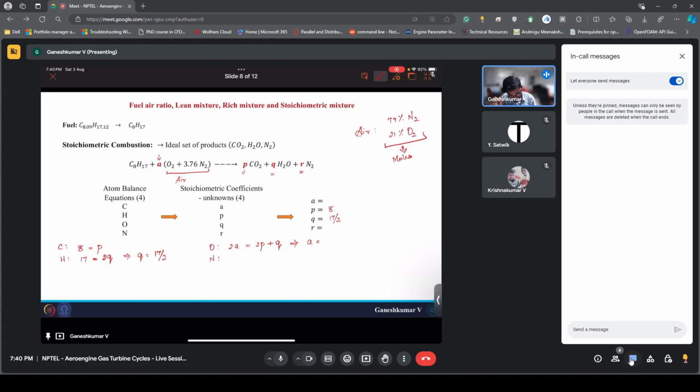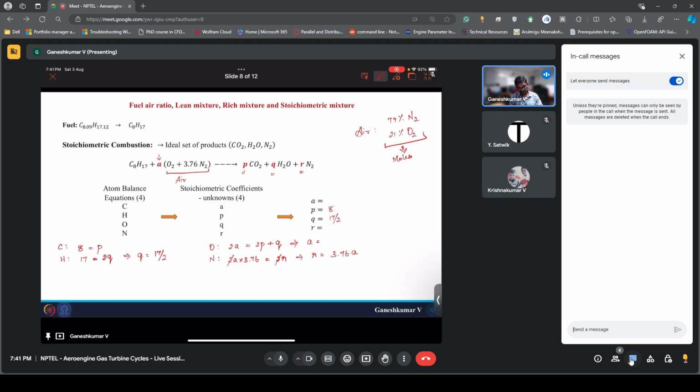Similarly, if you do for nitrogen, it's going to be 2A into 3.76, which will be equal to, nitrogen is coming out as nitrogen, which will be 2 times R. So you can remove these 2, and then this R can be written as 3.76A. So you can also find A similarly.